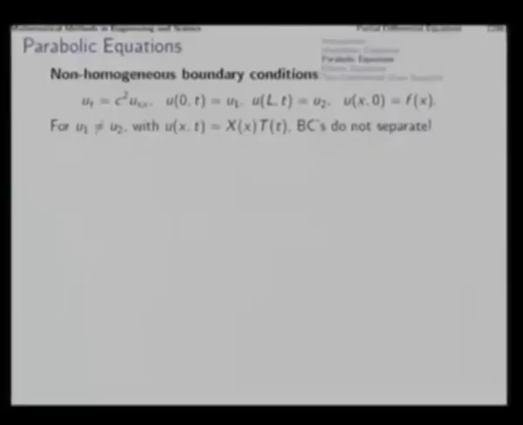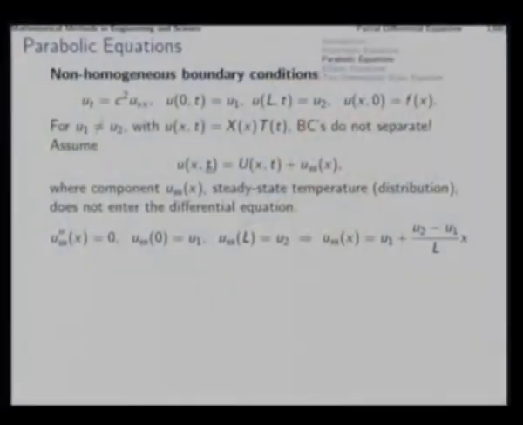we will find that the boundary conditions do not separate when we try to apply separation of variables, and that stops the problem from being directly separable. In that case we apply a little adjustment: we assume the solution as a sum of two terms, capital U plus U_SS. The subscript SS refers to steady state.